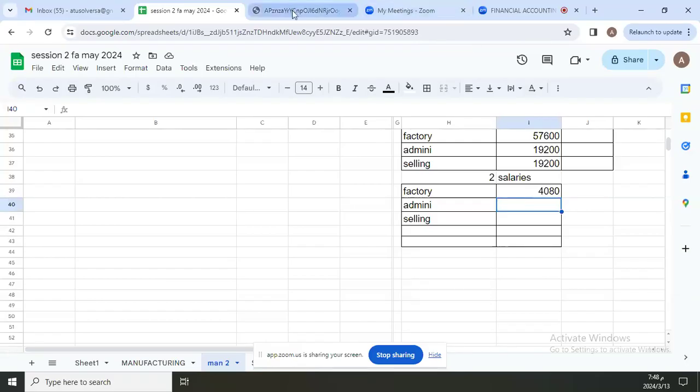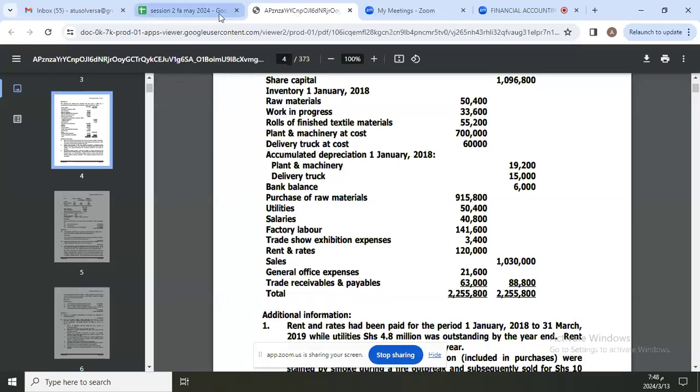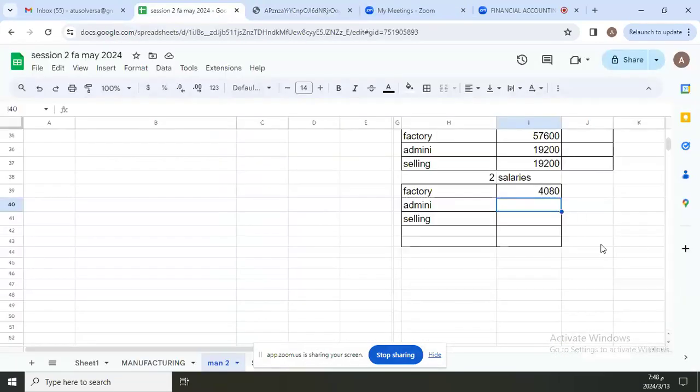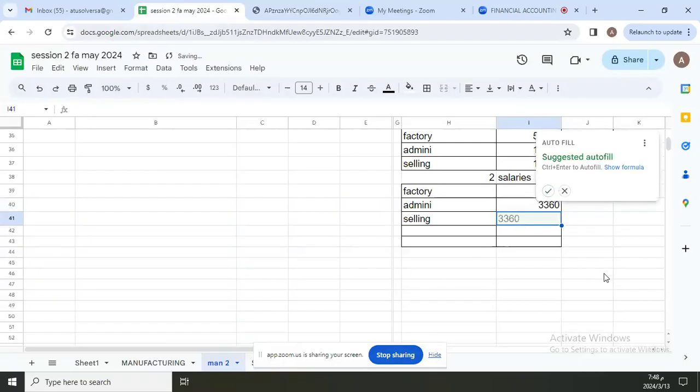The second one is 0.7 multiplied by 4,800. I get that.